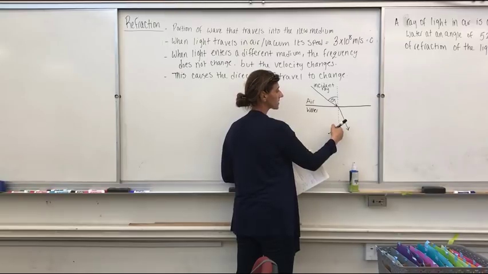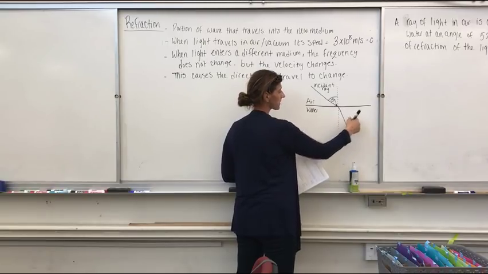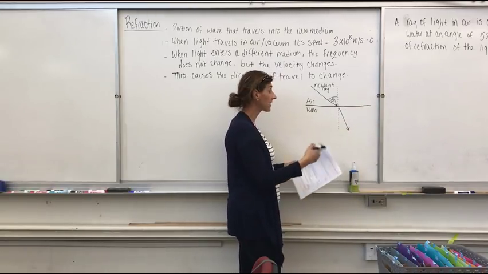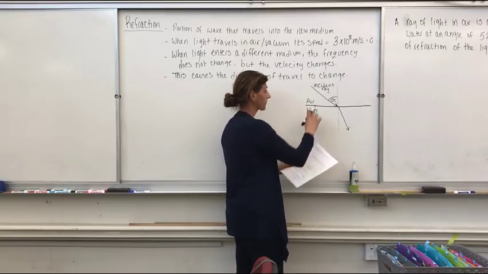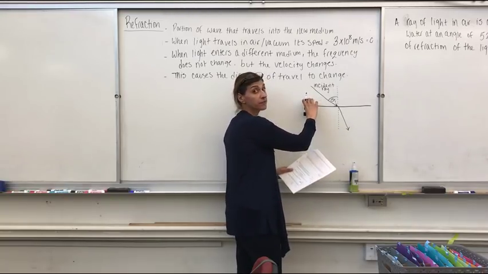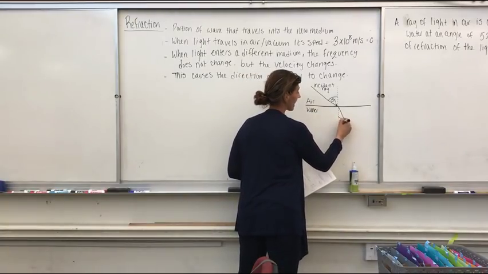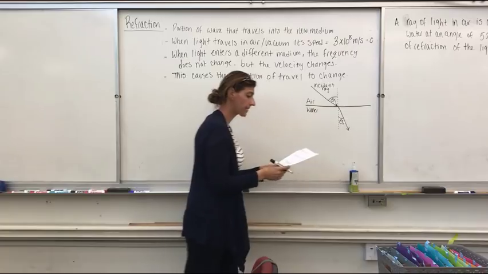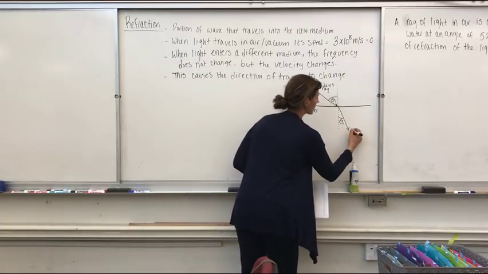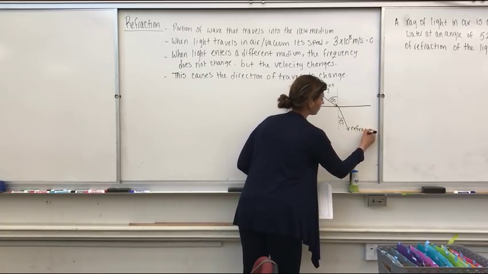Sometimes it will bend towards the vertical, and sometimes it will bend away, depending on the index of refraction, which we're going to talk about next. And so this will be the refracted angle theta r. That's because this is known as the refracted ray.